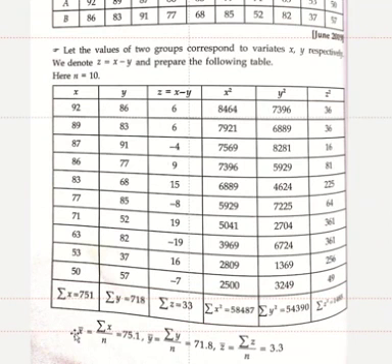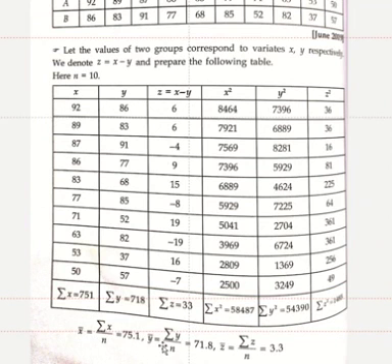Next, we need to find out x bar, y bar, and z bar. X bar is equal to summation of x divided by n. Summation of x is 751, n is 10. Therefore, 751 divided by 10 is 75.1.